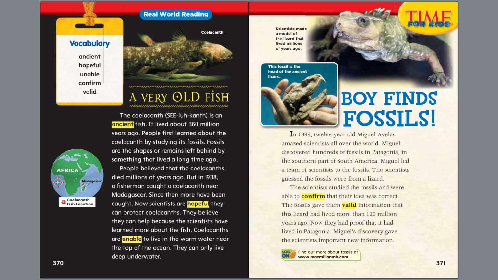This is from Time for Kids. Yeah, so they probably just took one of the pages from there, and so the author was omitted. What was Time for Kids? I'm not sure if it's a newspaper or magazine, but it says Time.